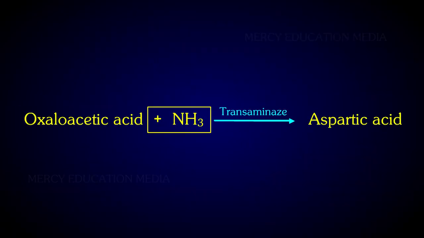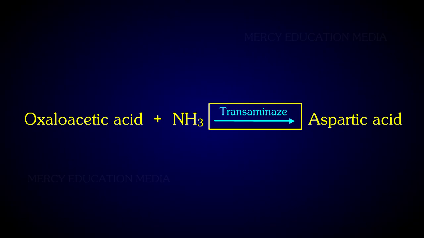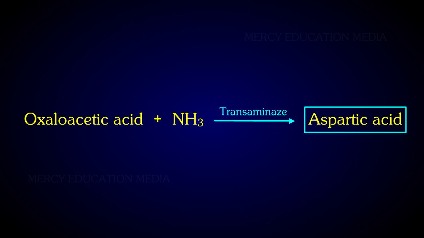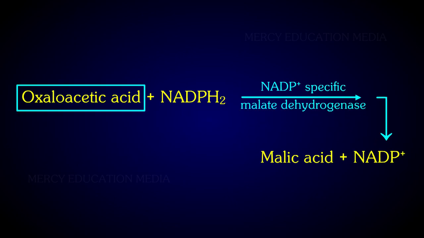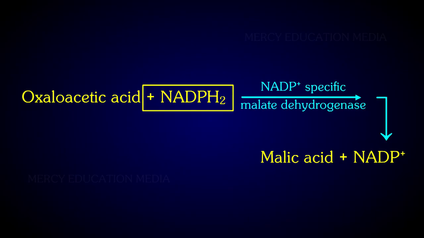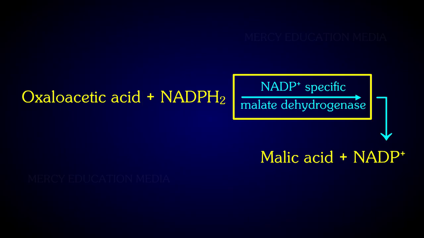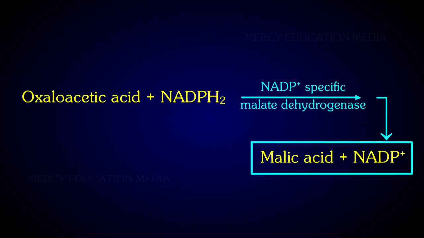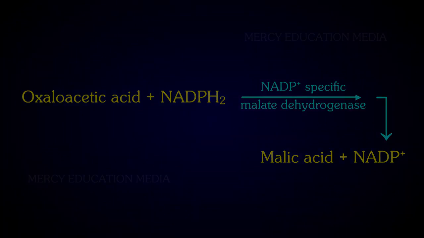Oxaloacetic acid plus ammonia in presence of transaminase gives aspartic acid. Oxaloacetic acid plus NADPH2 in the presence of NADP plus specific malate dehydrogenase forms malic acid plus NADP plus.